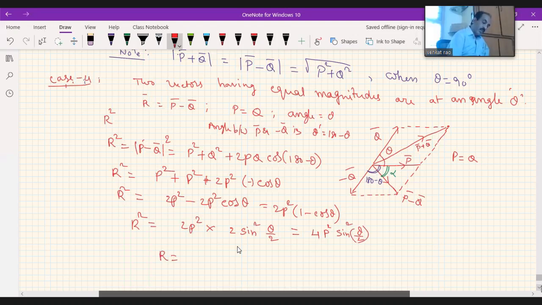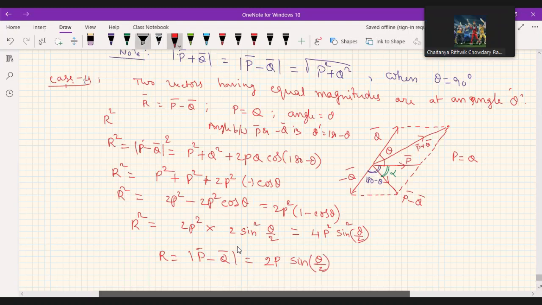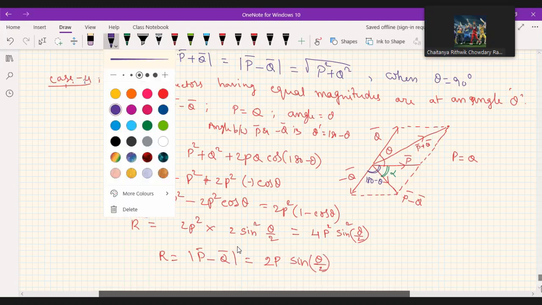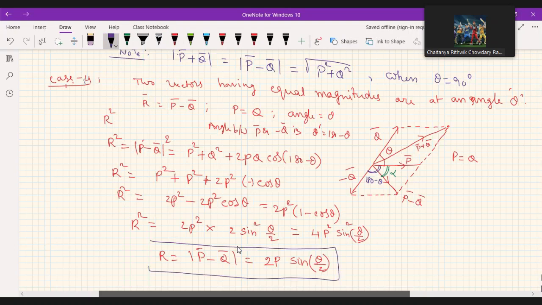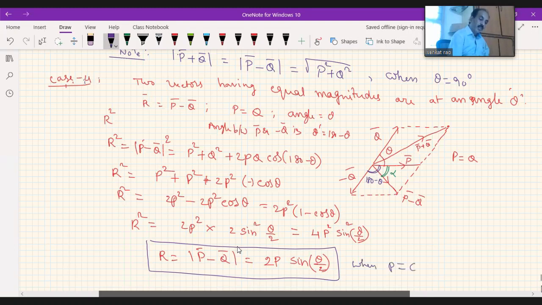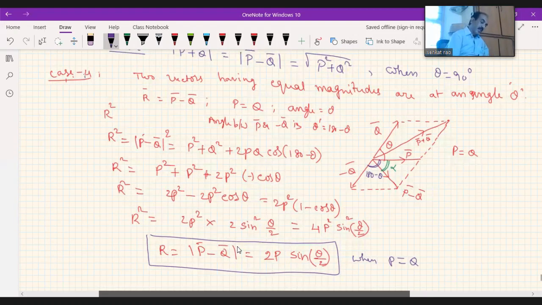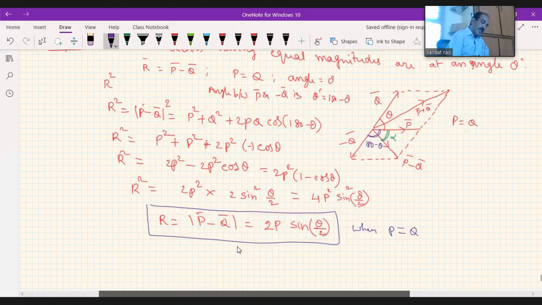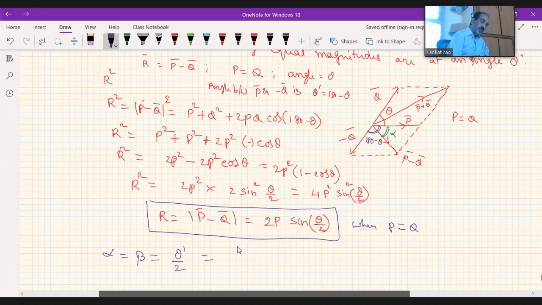So R equal to modulus of P bar minus Q bar equal to 2P sin theta by 2, when P equal to Q. Angle alpha equal to beta equal to theta dash by 2, that is 180 minus theta by 2.